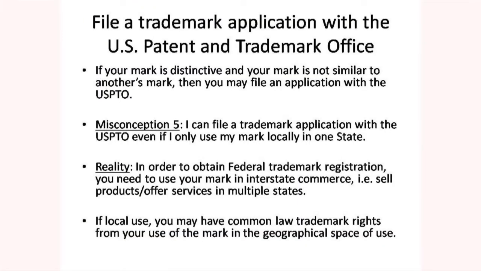One thing you need to know, though, is in order to apply for trademark protection with the USPTO, you need to have interstate trademark use. What that means is you have to use your mark in multiple states. So if you're selling a product, you have to sell your product in multiple states. If you're offering a service, you have to offer your service in multiple states and not just one state only.